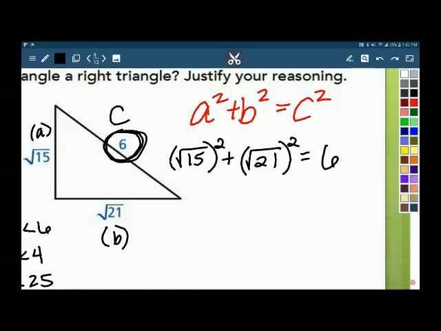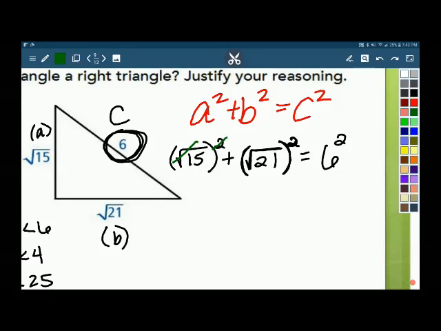Now, if you want to put parentheses around the 6, you can, just so that they all look the same, but you really don't need it. I only put parentheses around these because I was mixing a radical symbol with a square symbol, and I just wanted to make sure you could tell I'm squaring a root, which in fact makes this problem easy because when you square a square root, they cancel.